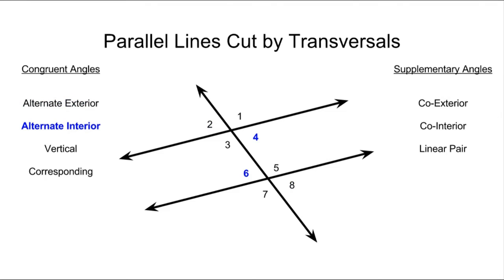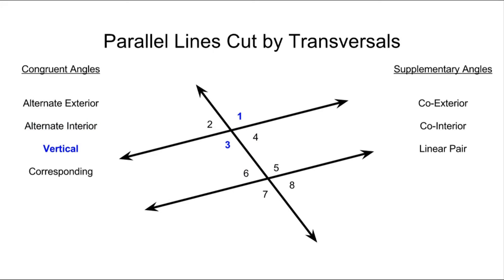Our alternate interior angles are angles that are both inside the parallel lines and on opposite sides of the transversal. So angles 4 and 6 are alternate interior angles, and angles 3 and 5 are alternate interior angles.